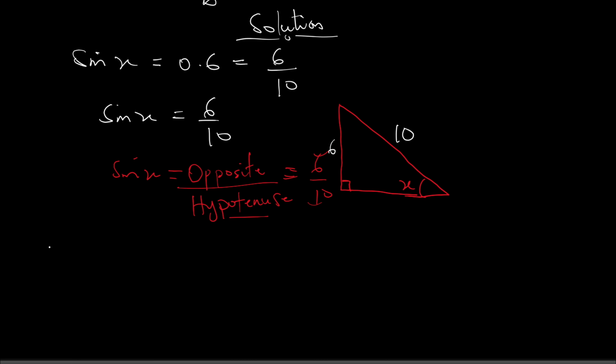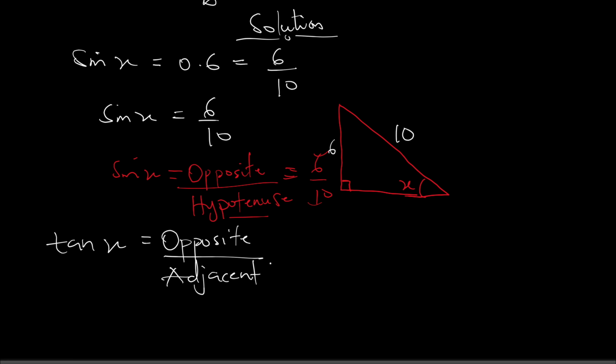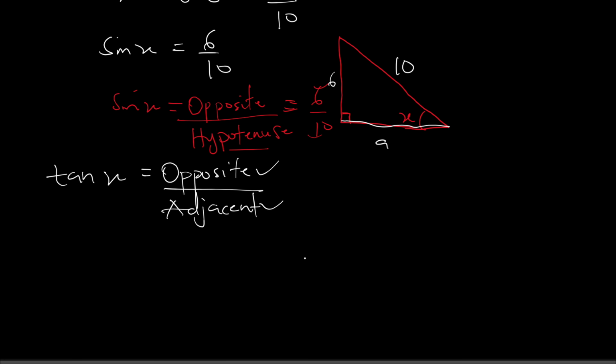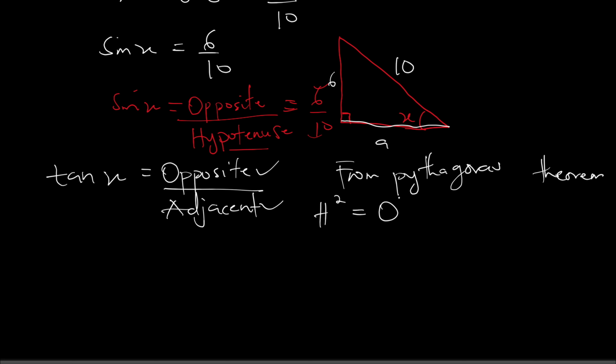So we know that tan of x is equal to opposite over adjacent. We know our opposite, but we don't know our adjacent. So let our adjacent, which is this line, be a. Now from Pythagoras theorem, hypotenuse squared is equal to opposite squared plus adjacent squared.